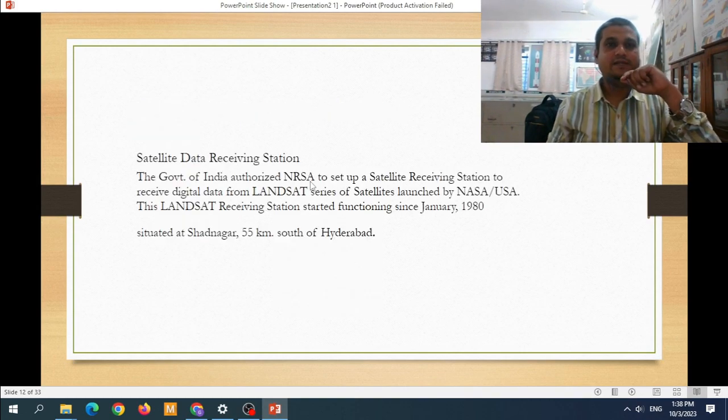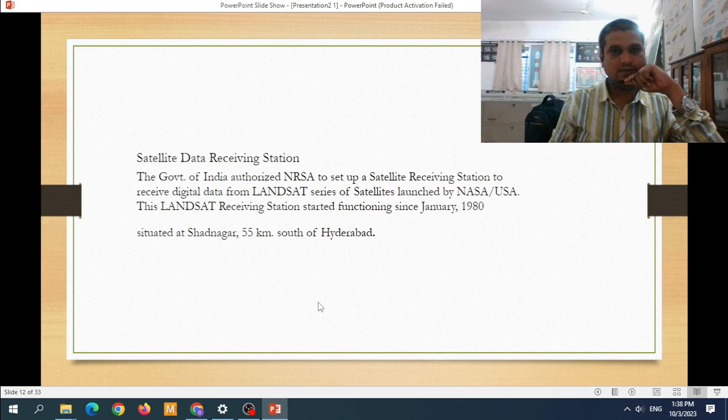Okay. Then the satellite data receiving station, where after the completion of the mission, the data is received. That is the government organization NRSA, which receives digital data from Landsat imagery or IRS series data.